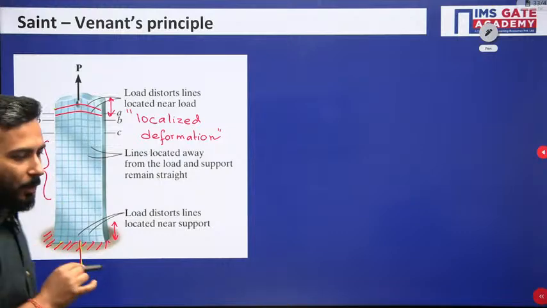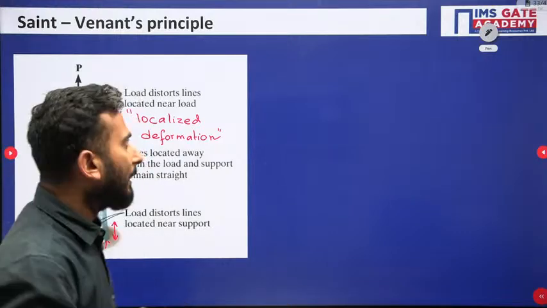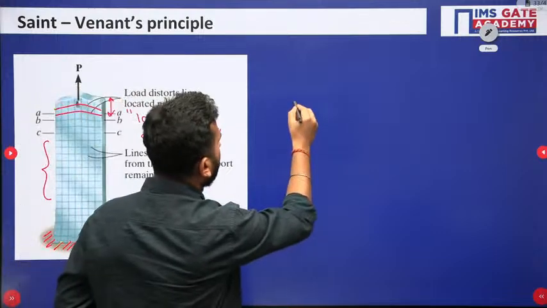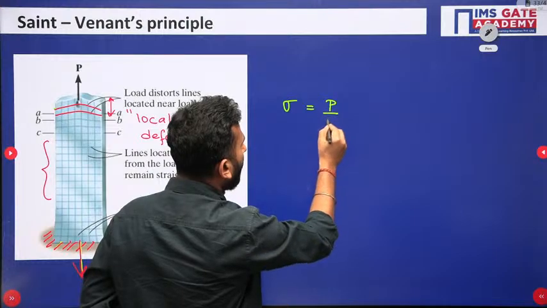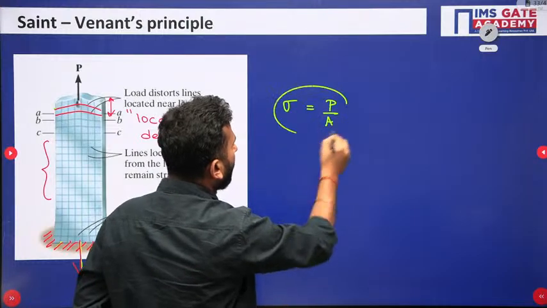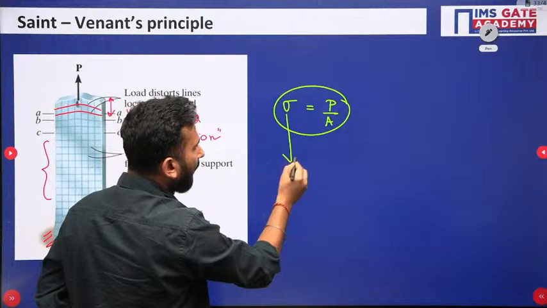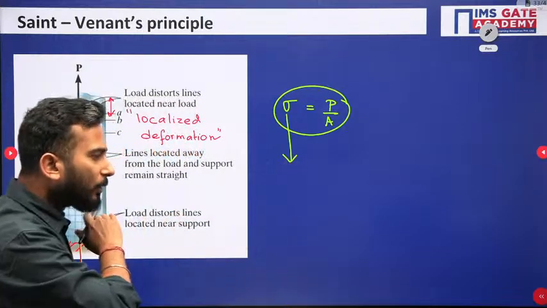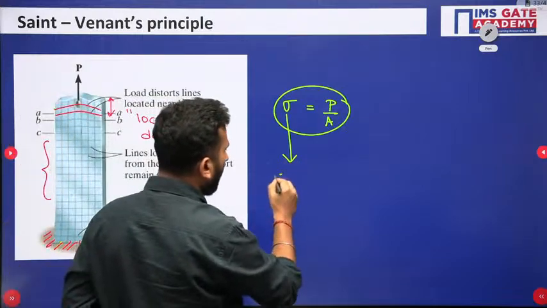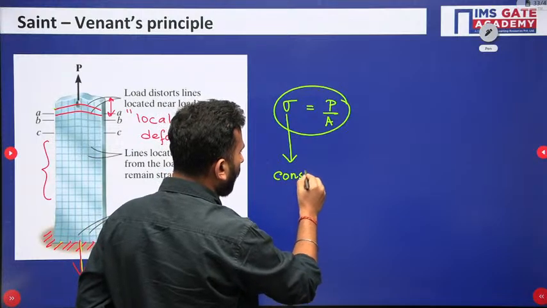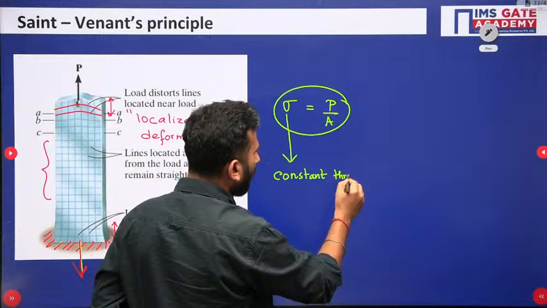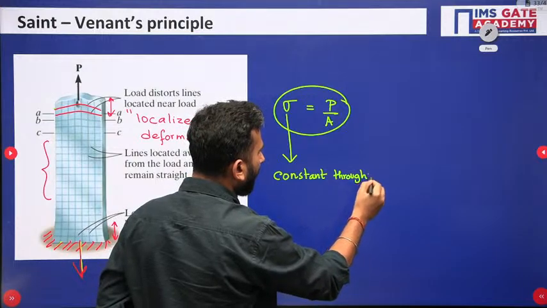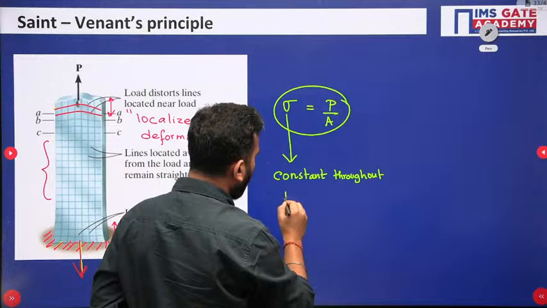So what does it mean? It means that the formula, the average normal stress, is equal to P by A. This is the average normal stress, and sigma is constant throughout the cross section.